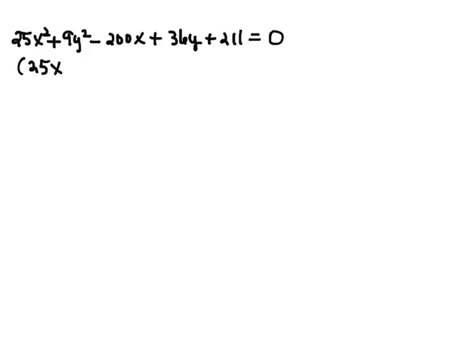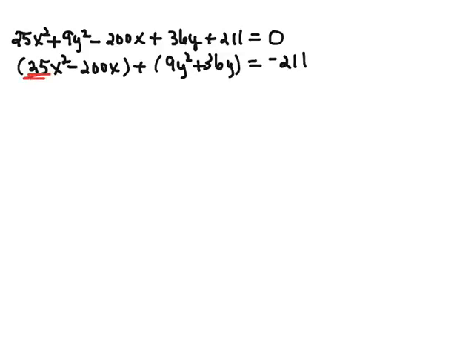So let's begin by grouping our x terms and grouping our y terms and moving the constant value to the other side of the equal sign. Now to complete the square, recall that the coefficient in front of the square term has to be 1, and it's not.